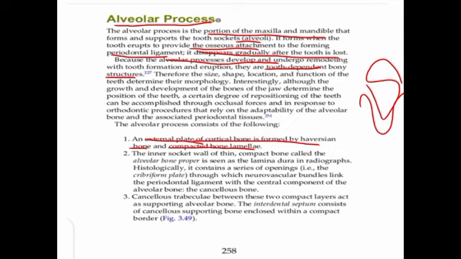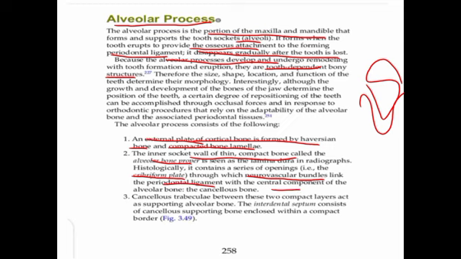Then we have the external, meaning outer, plate, and the inner socket wall of thin compact bone is called the alveolar bone proper. It contains a series of openings known as the cribriform plate, through which neurovascular bundles, meaning blood vessels, connect to the periodontal ligament.